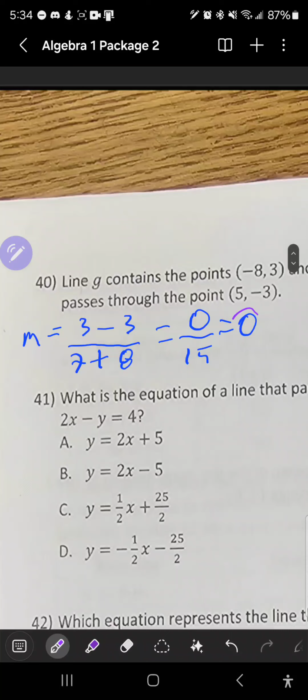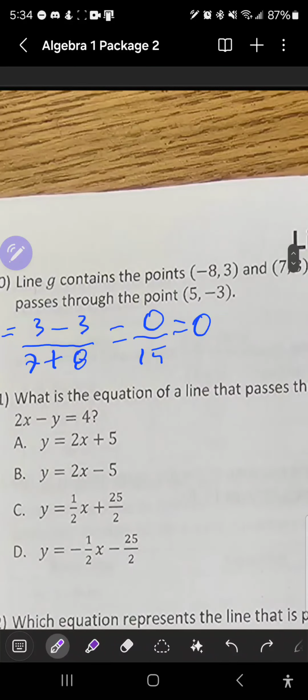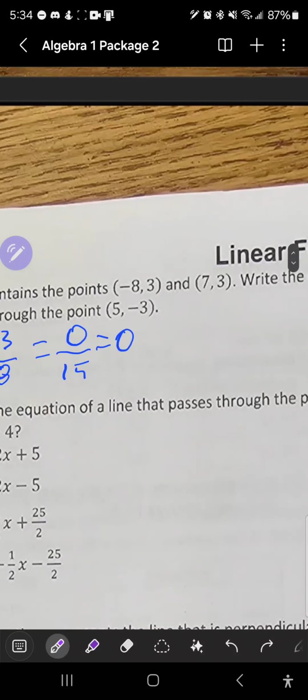We have this slope that is 0. So I want to know the equation of the line they are giving us, not the perpendicular. I'll show you why.